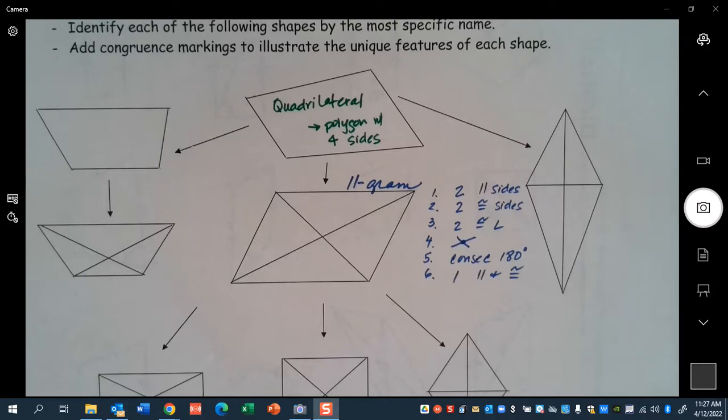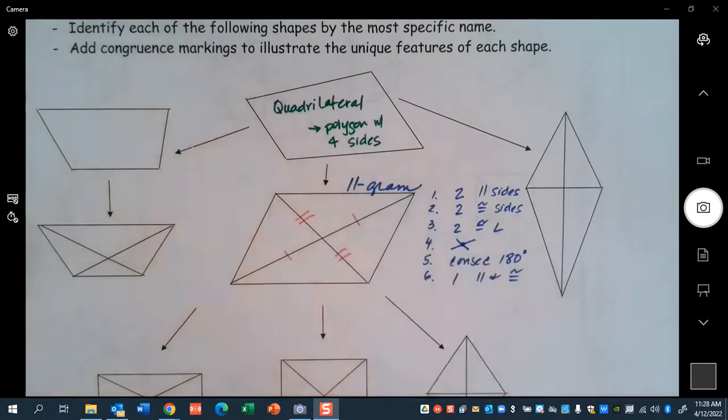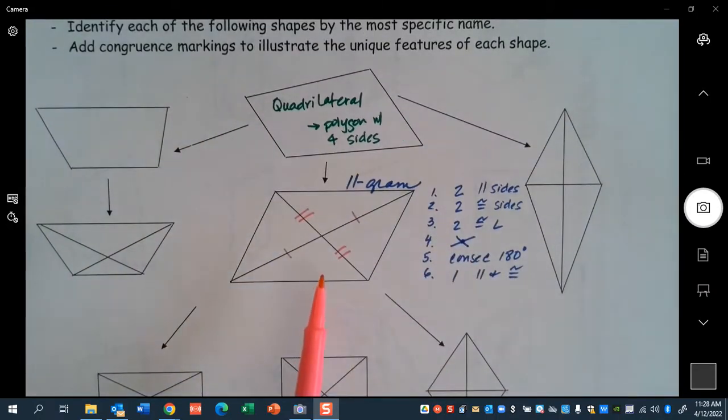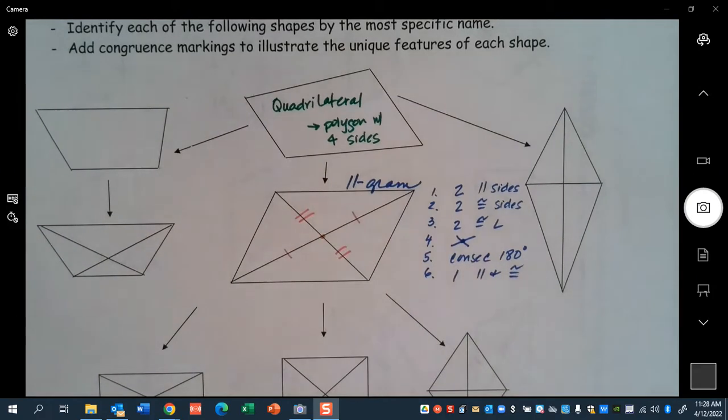2 sets of opposite congruent sides, 2 sets of opposite congruent angles, bisecting diagonals, consecutive supplementary angles, and 1 set of sides that is both congruent and parallel. So we'll go ahead and add some markings to our parallelogram here. I know that my diagonals bisect. So when I look at this information, I know that these diagonals are not the same length, but I do know that this point here is the midpoint of them both.